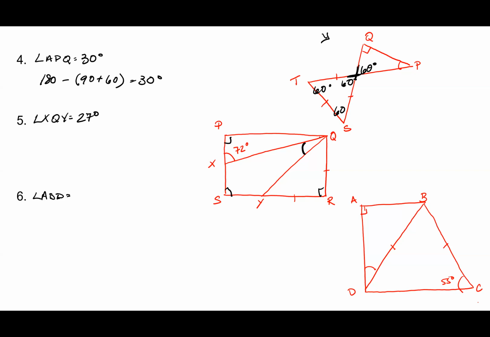Okay, yeah, it did tell us that this is a rectangle. Okay, so XPQ is 90, and then you add those, the 72 and the 90. Is that what you're talking about? Okay, and then what? Okay. Okay, and that's the degree measure of this guy right here then, right? Okay, Q or Y is 90.